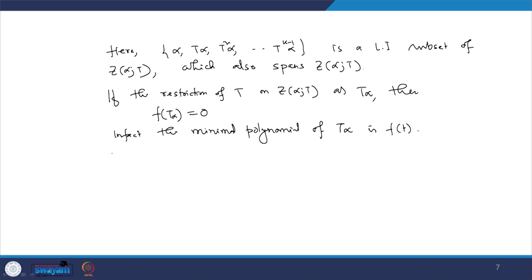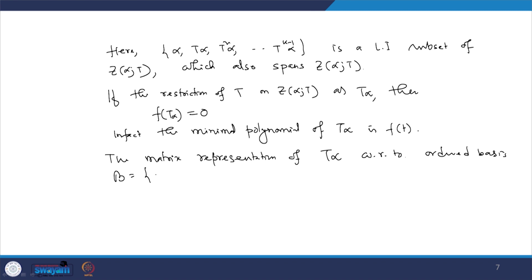The matrix representation of T_alpha with respect to the ordered basis B equal to alpha, t alpha, t square alpha up to t to the power k minus 1 alpha.